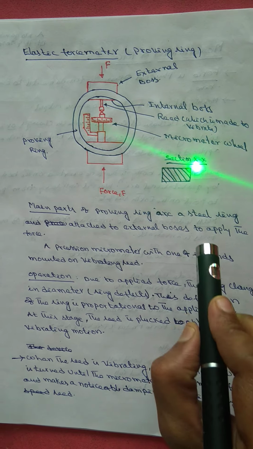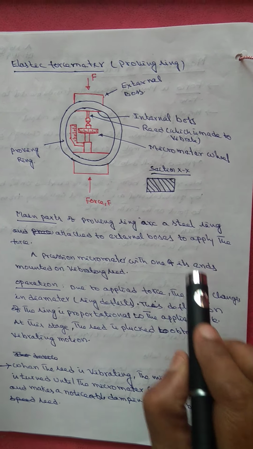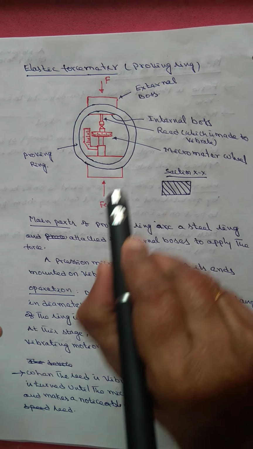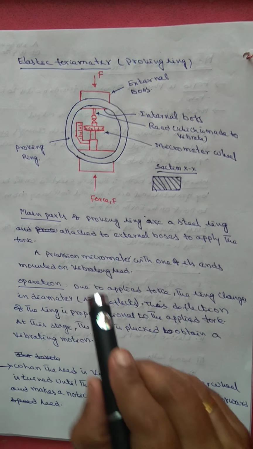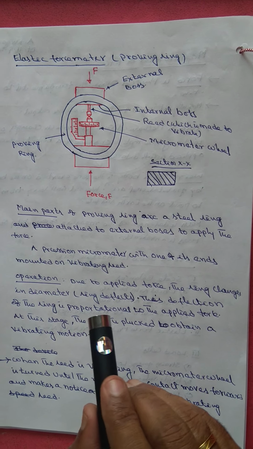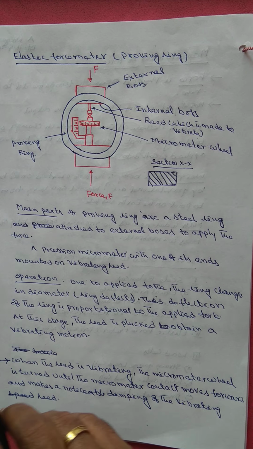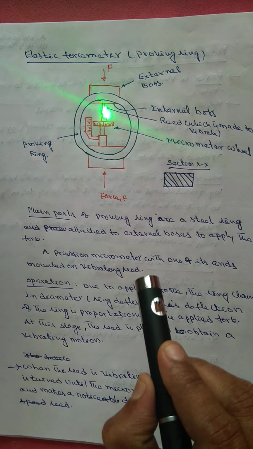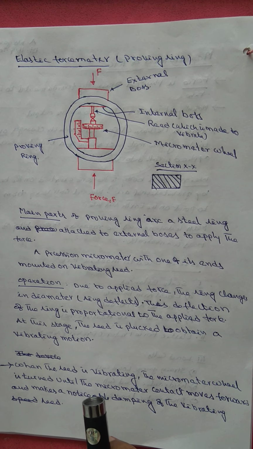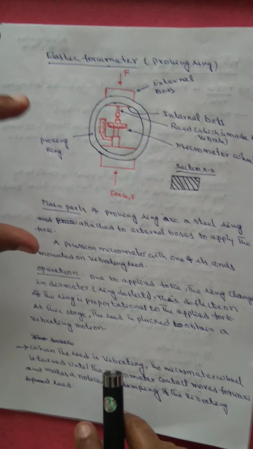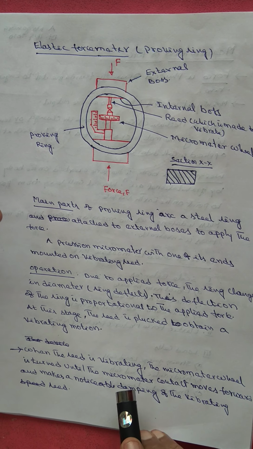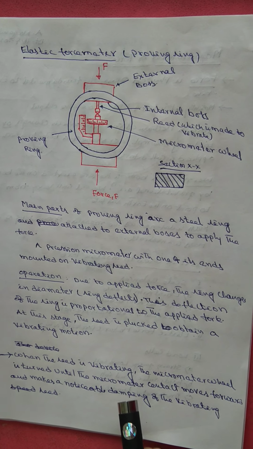The section I have shown is a rectangular box with hatching, the XX section. At the top we apply force and at the bottom also force, so the external boss as well as the internal boss operate. Whenever force is given to the external bosses, it is a compressive force. Due to this compressive force, the ring diameter changes.